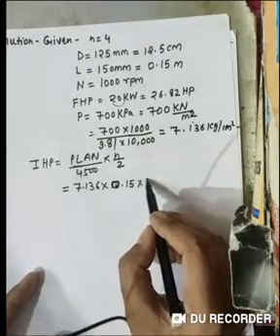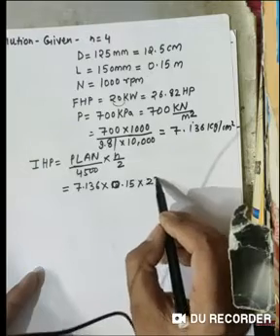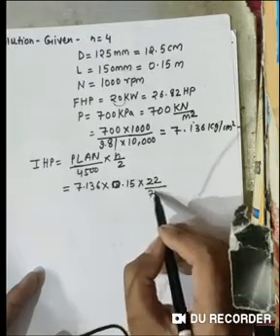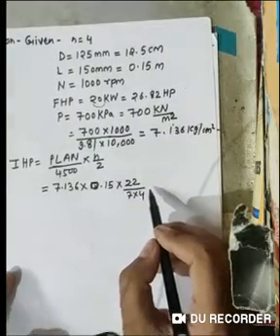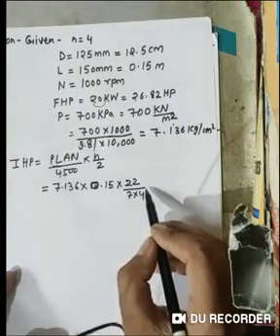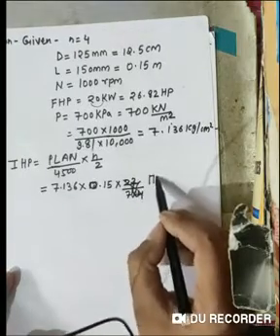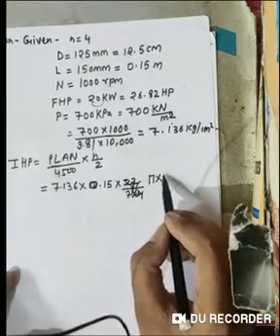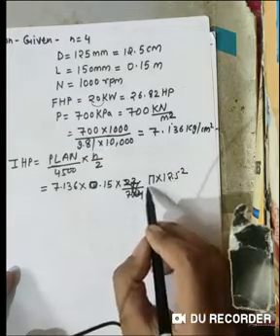So pi by 4, the value of pi is 22 by 7 and it is multiplied by 4. If you get confused then eliminate this. Pi D square, D means 12.5 square, by 4.